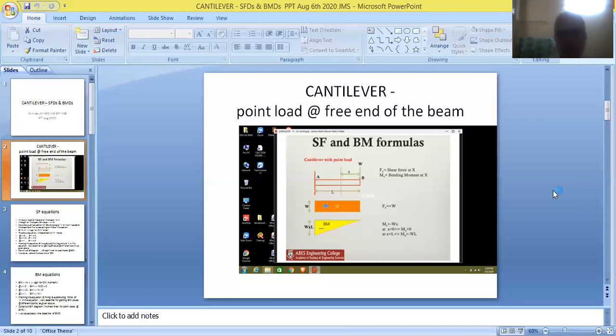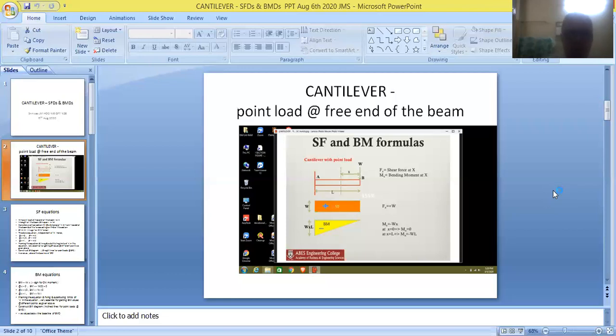These are the various parameters which we are supposed to remember while solving the problem for construction of SF and BM diagrams.